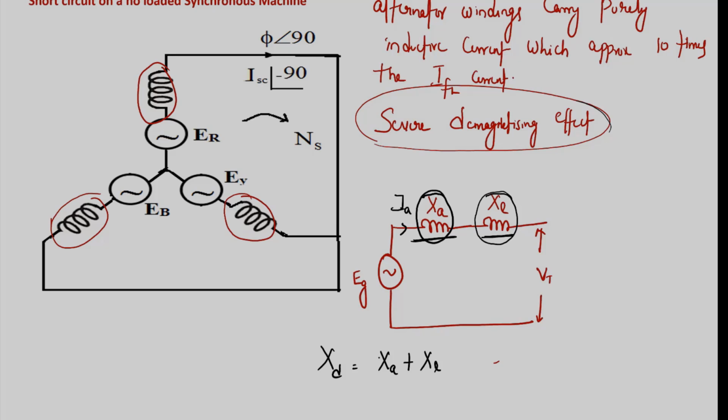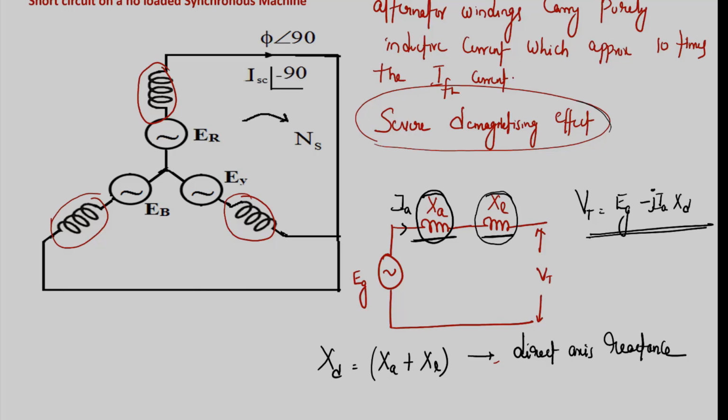Leakage reactance plus armature reactance will give you direct axis reactance for a cylindrical rotor machine. Understand? So that is the concept. So how would it become? Terminal voltage is equal to induced EMF minus IA into XD, IA into jXD.